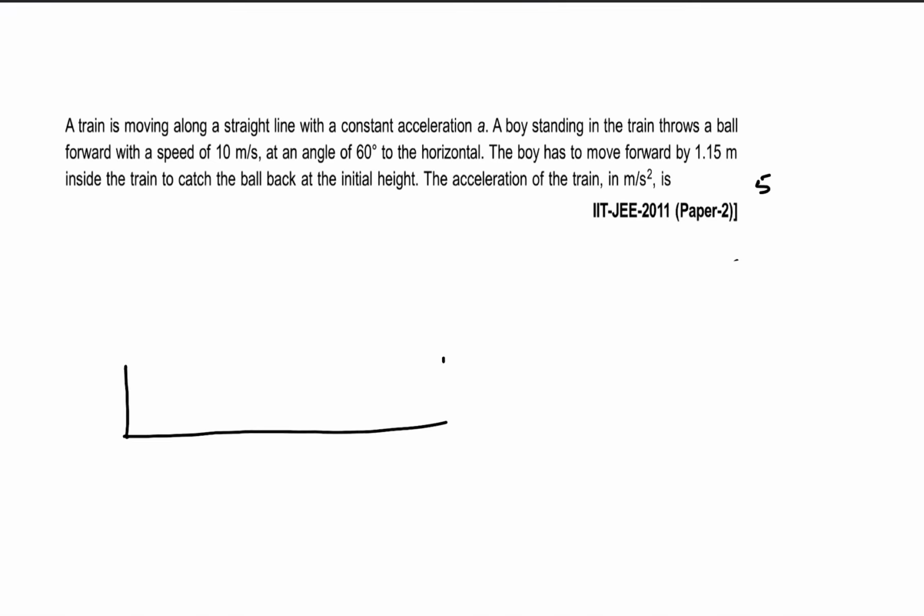Consider this is a train, moving with acceleration a. A boy standing in the train throws a ball forward with a velocity of 10 meter per second, making an angle of 60 degrees with the horizontal direction.